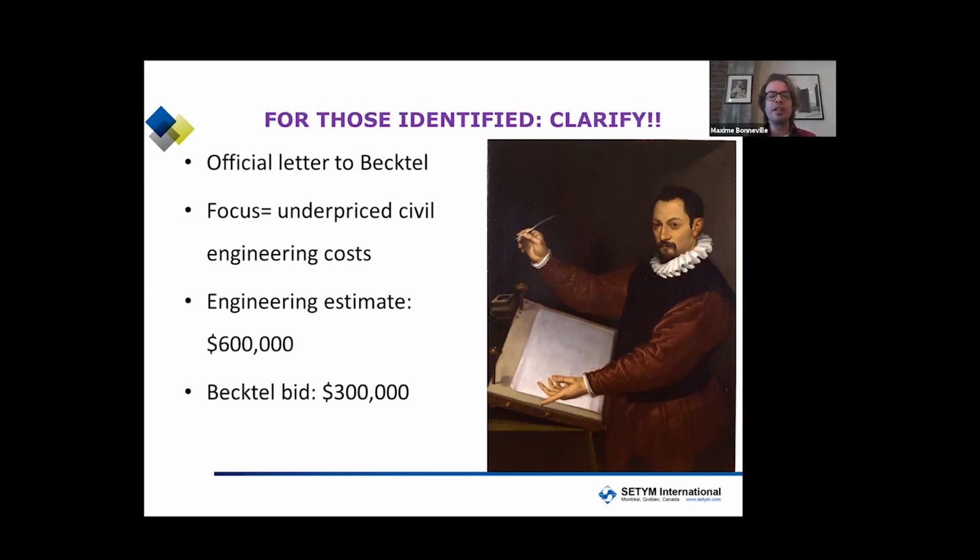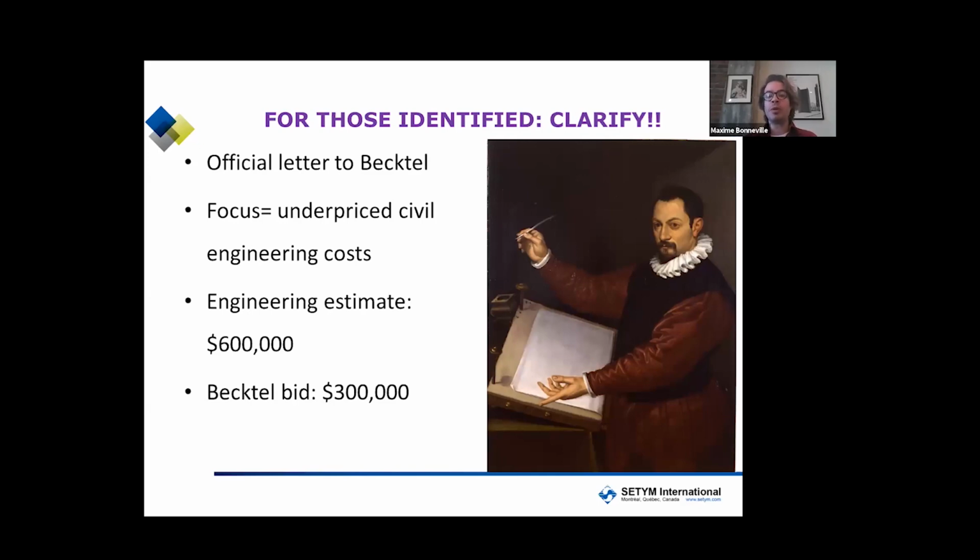So the civil engineering part seems to be undercosted. Why? Because the engineering estimate that you used to prepare your overall estimate is $600,000, while the Bechtel bid is only $300,000. So you write to them, you target the areas that seem problematic, that seem to have created the abnormally low tender, and you ask them to justify.